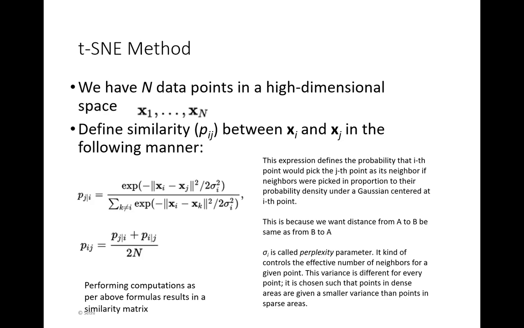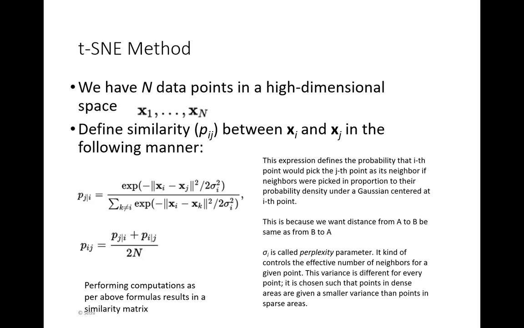Since we want a symmetrical formula to measure the similarity between i and j, or j and i, we can define Pij as the sum of P of j given i plus P of i given j, divided by 2n, and that becomes a symmetric measure of similarity.